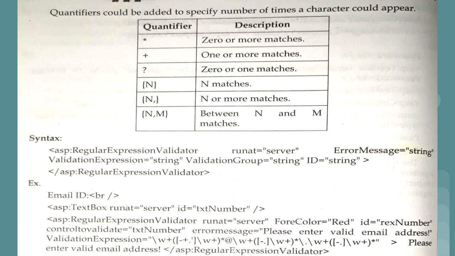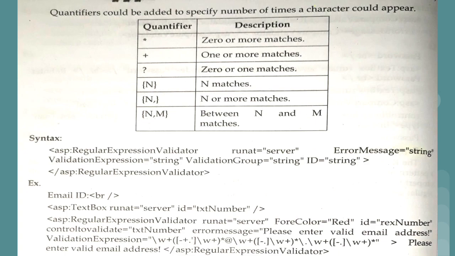And we have one more property associated with the regular expression validator, that is ValidationExpression. ValidationExpression equal to, within double quotes, they have written an expression: \w+([-+.']\w+)*@\w+([-.]\w+)*. This is the validation expression for the email id.